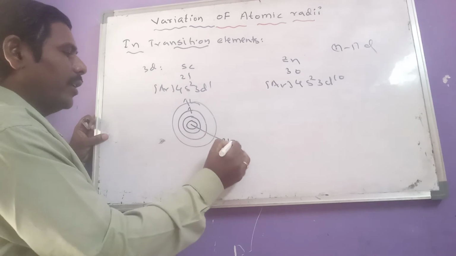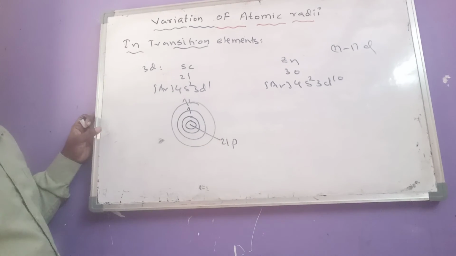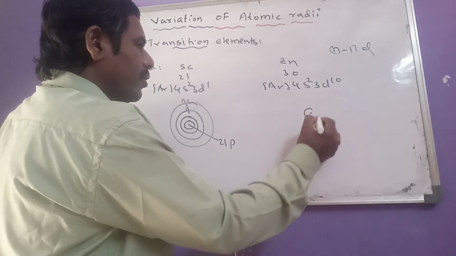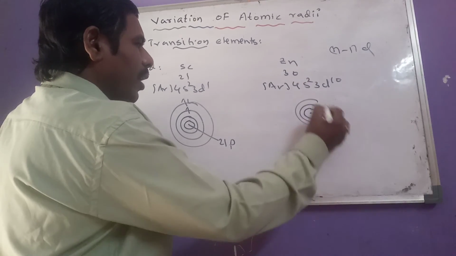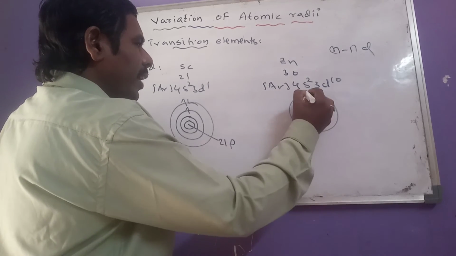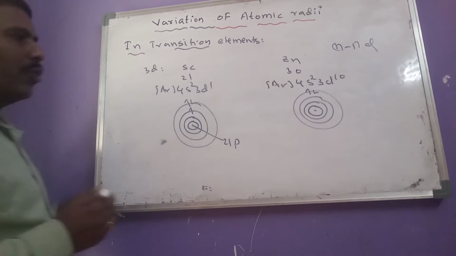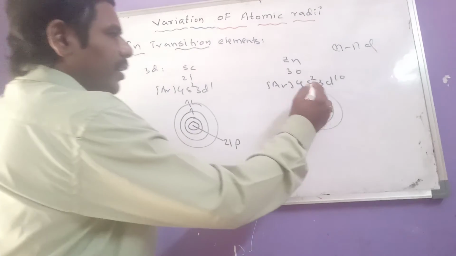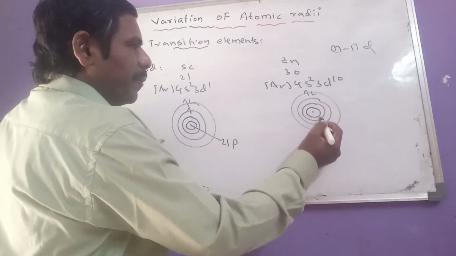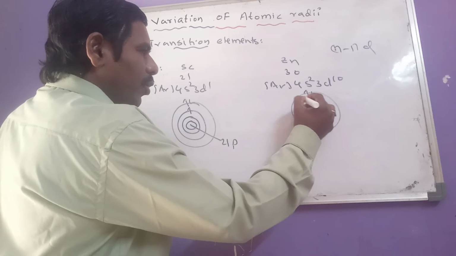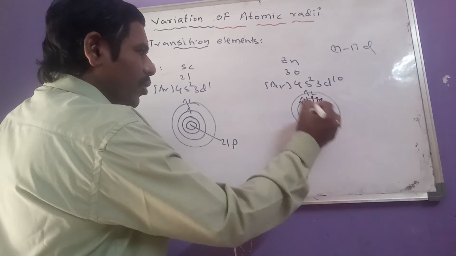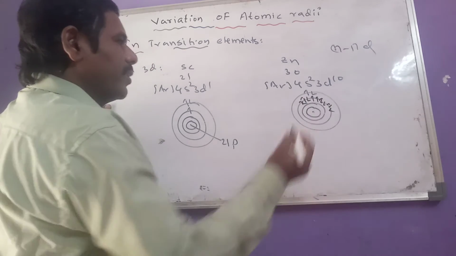Here 21 protons are attracting the outer orbit electrons. In the case of zinc also, a total of 4 orbits are present. In the outer orbit also 2 electrons are there, but in the 3D subshell, a total of 10 electrons are present.